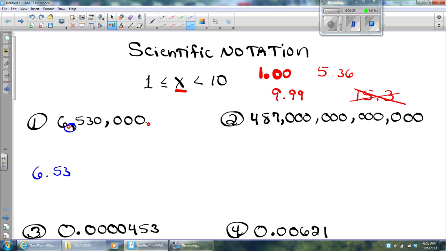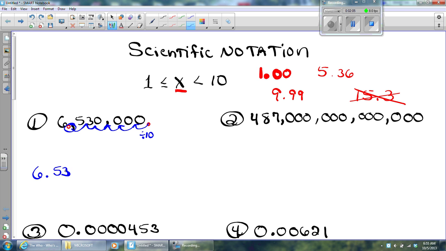Well, I could divide it by 10. Divide by 10 again, and again, and again, and again, and again. Okay? But the problem is, if I'm supposed to give you $6,530,000 and I give you $6.53, there's a little problem there, isn't there?